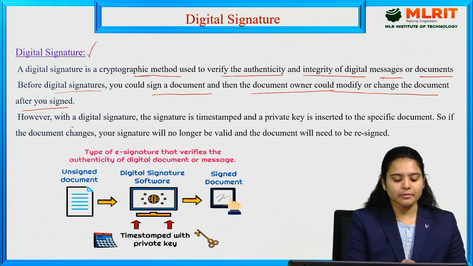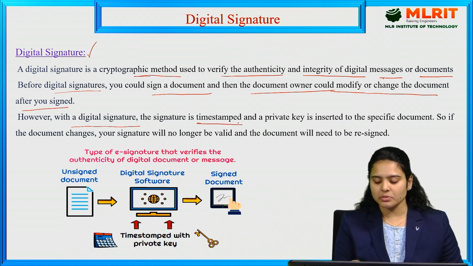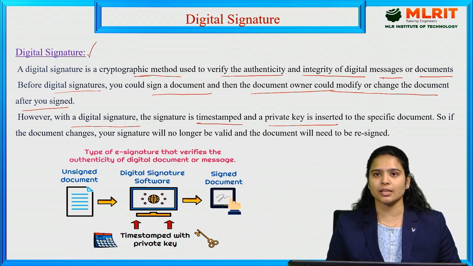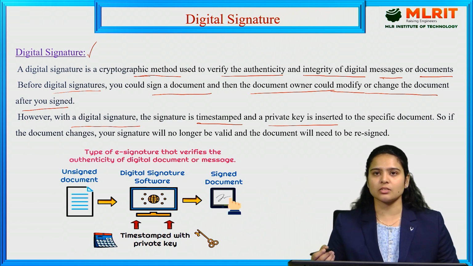In a digital signature, the whole signature is time stamped and the private key is inserted into the specific document. While we are creating any documents in our system, we basically provide a password or some type of key to protect our specific documents.